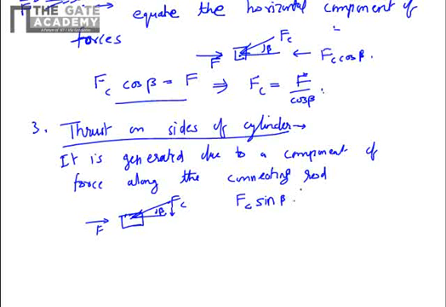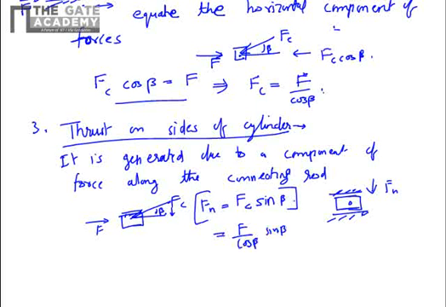This is the thrust on the side walls of the cylinder. So this is the piston, this is the cylinder. This is the normal force between the piston and the cylinder, Fn equal to Fc sin beta.